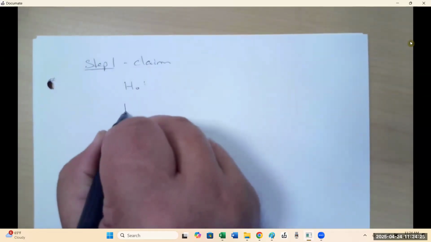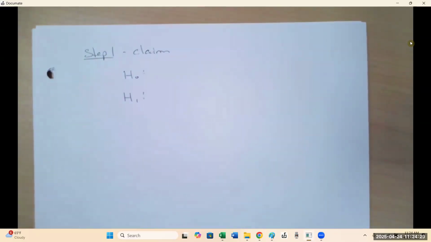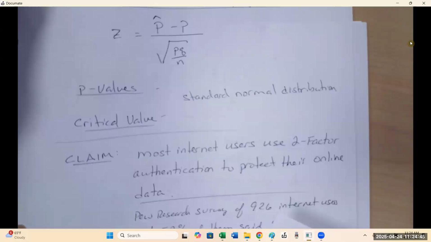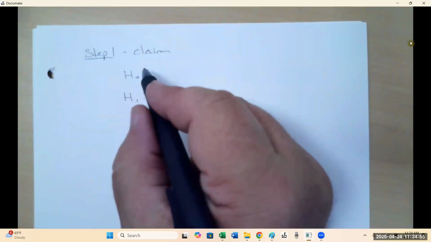We have to define our null hypothesis and our alternate hypothesis. So what was the claim? It's saying most internet users. So what's that going to look like mathematically? If it's most, then it's greater than 50%. So is that going to be H1 or H0?